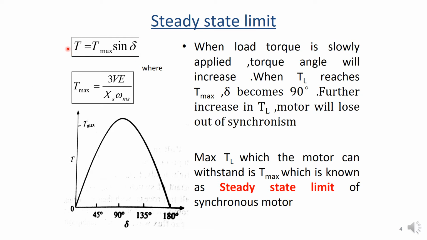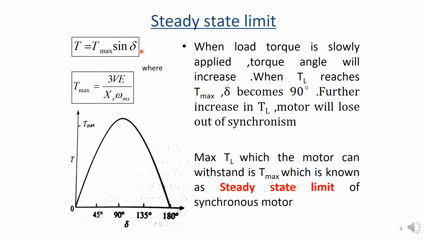We know this equation: torque of the motor is equal to Tmax into sine delta, where Tmax is equal to 3VE by XS into omega ms, where V is the supply voltage to the motor, E is the excitation EMF that is developed in the motor, XS is the synchronous reactance, and omega ms is the speed of the motor. And this delta is the angle between V and E.